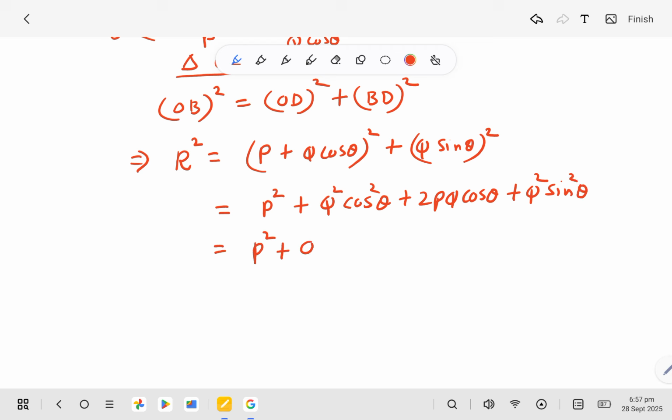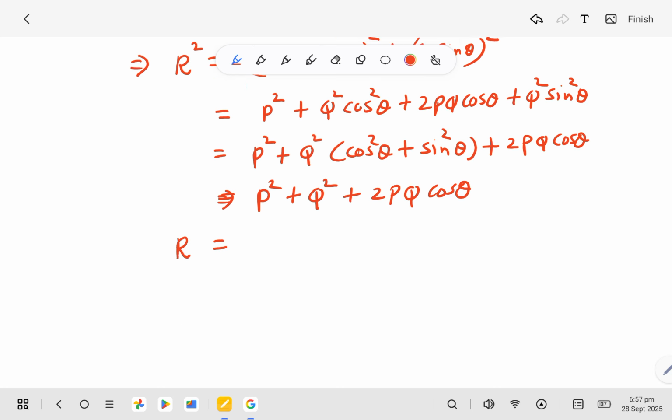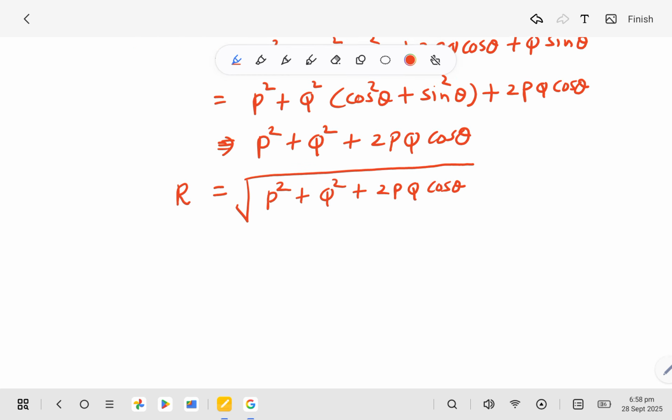So P square plus Q square (cos square theta plus sin square theta) plus 2PQ cos theta. So R square equals P square plus Q square plus 2PQ cos theta, or we can write R as the square root of P square plus Q square plus 2PQ cos theta. Okay, so this is the magnitude of R.